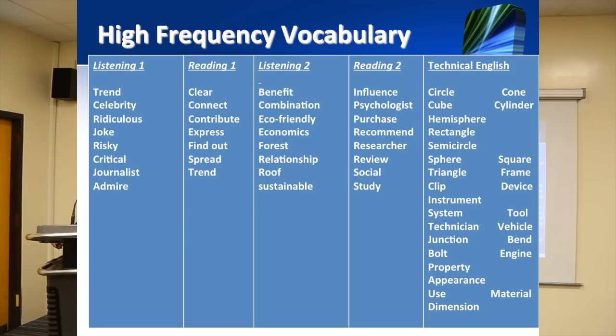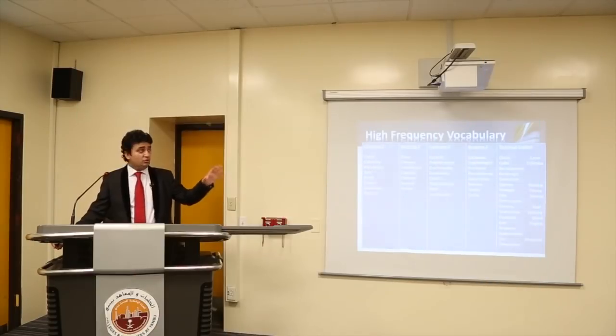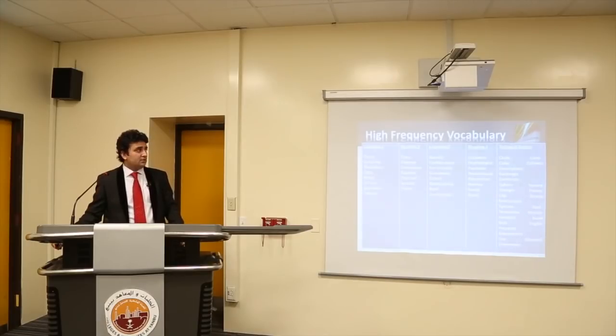In technical English, there are some technical terms that you learn: circle, triangle, clip, instrument, junction. In vocabulary, you can be asked to use the following words to make sentences. Therefore, you should learn how to use these words.